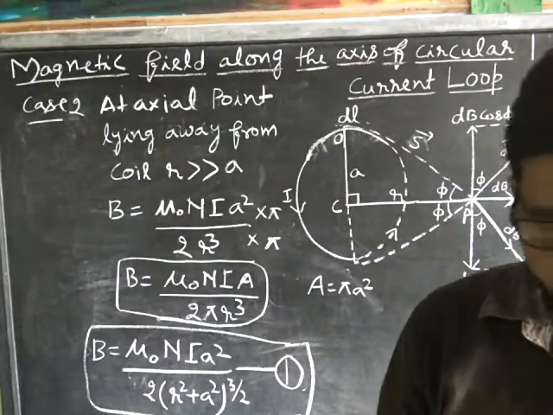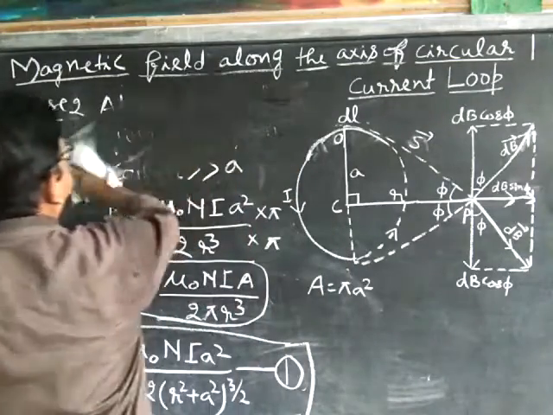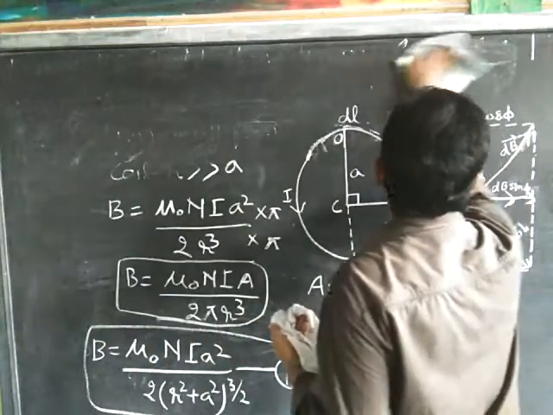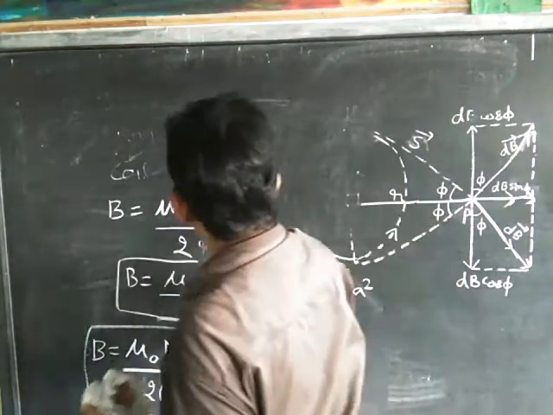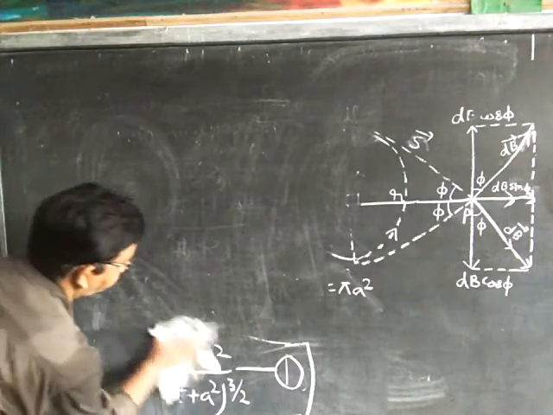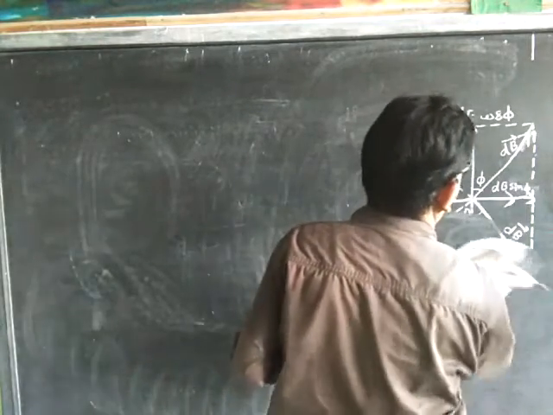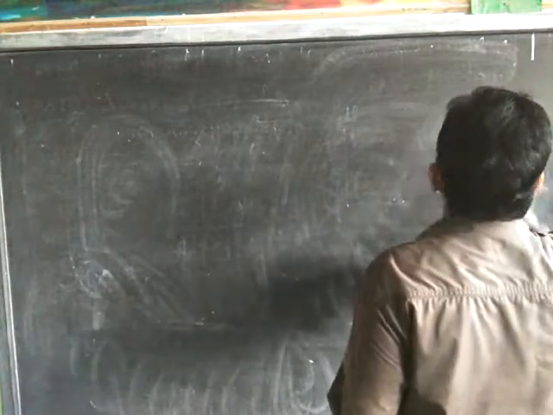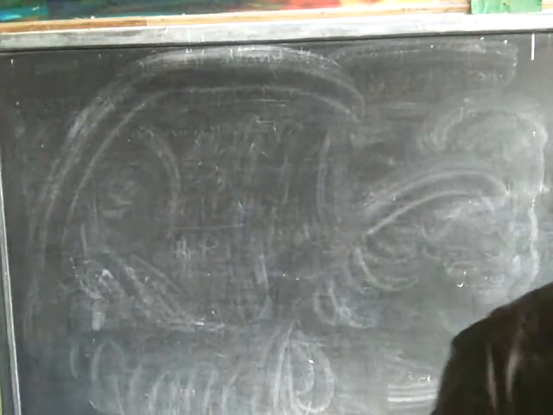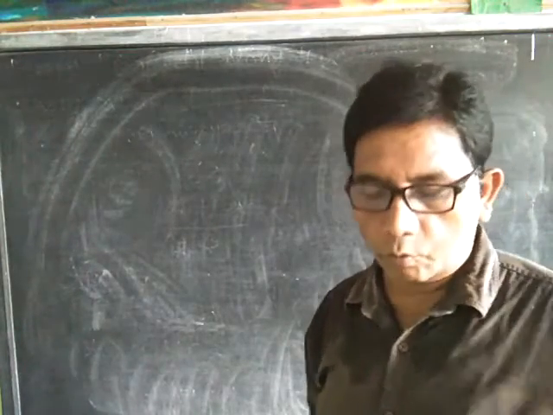Now the next topic: by which rule can we find the direction of the magnetic field? First, we draw the magnetic lines of force for a circular wire.